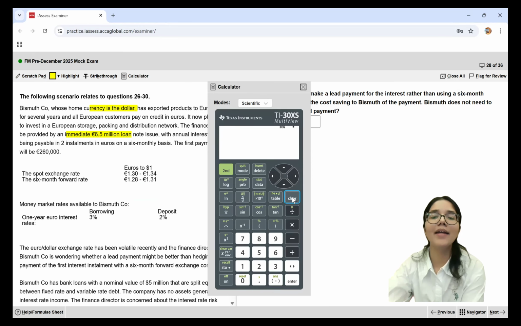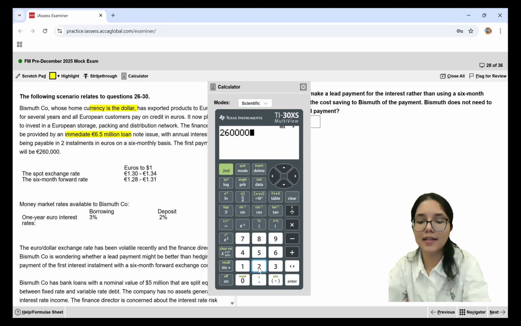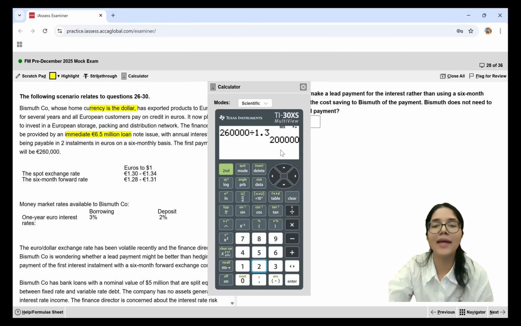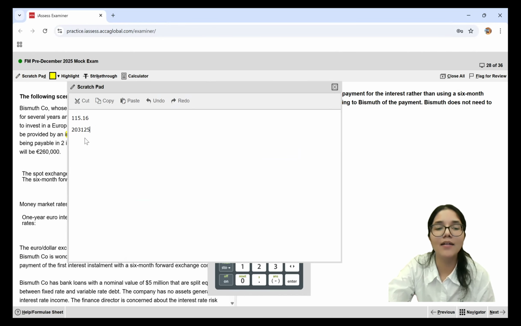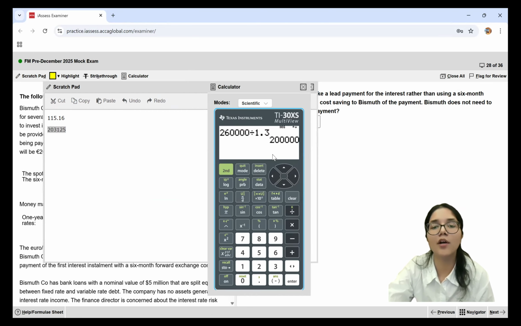Now we have to compare it to the scenario if we go ahead with a lead payment. If I'm going ahead with a lead payment, I will get the money converted today itself. The 260,000 euros that I need after 6 months, I'll get converted today using the rate of 1.3, which will make me pay $200,000 out of my pocket. Earlier, with a 6-month forward contract, this is the amount of money that I pay, and 200,000 is what it will cost me today.